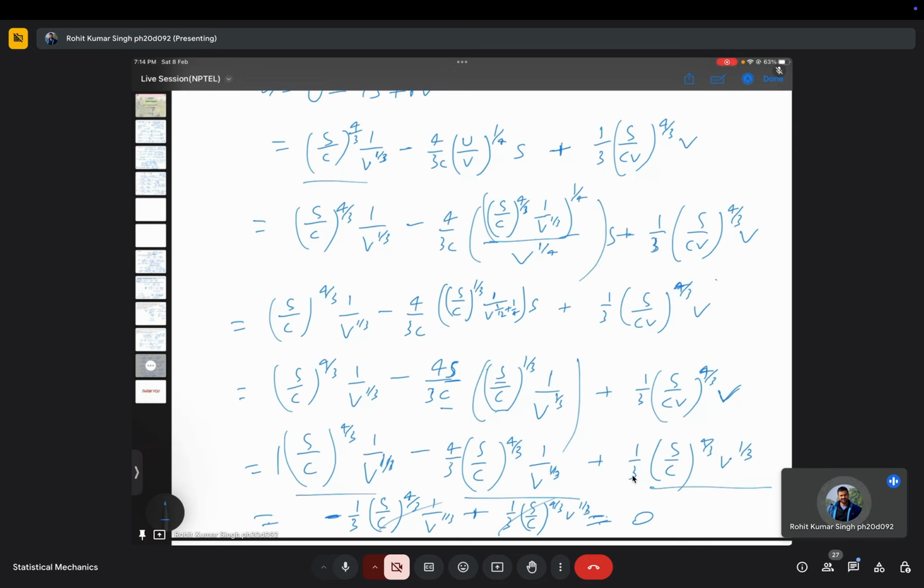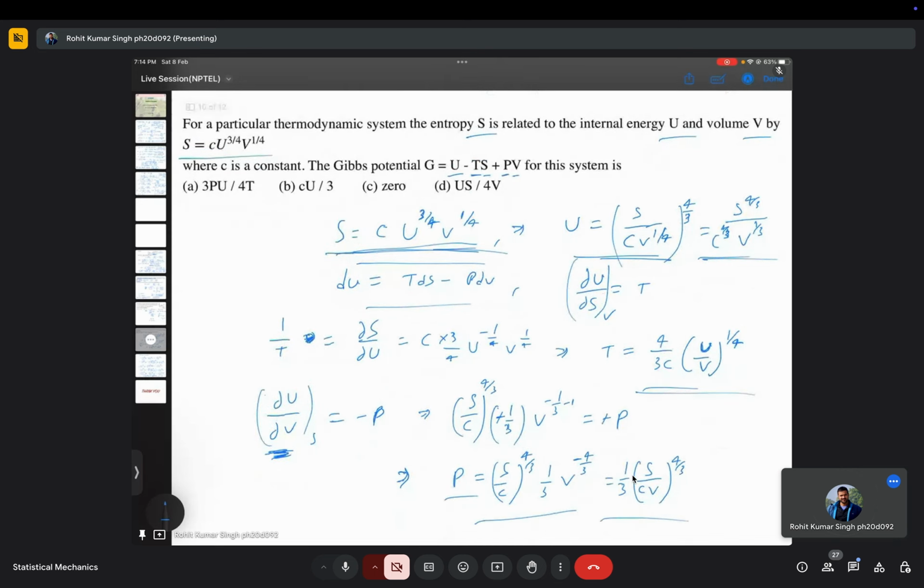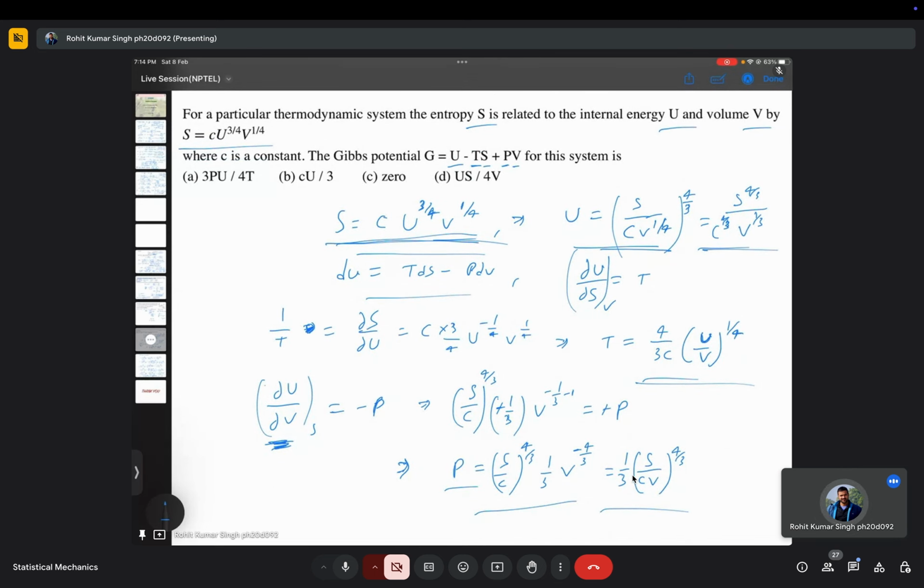So the Gibbs potential becomes 0 for this. Well, this is nice. But why do we get zero Gibbs potential for this kind of entropy? Anyone has any clue?